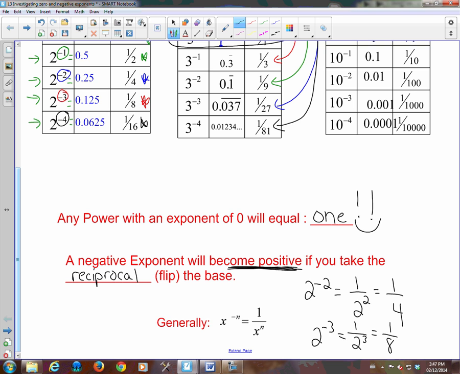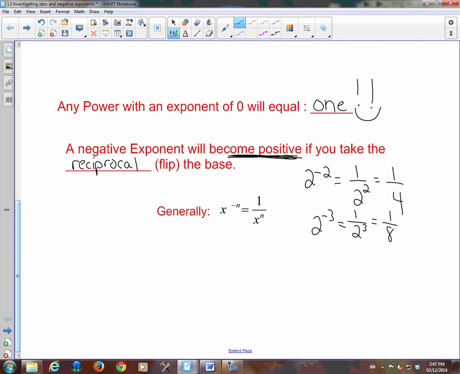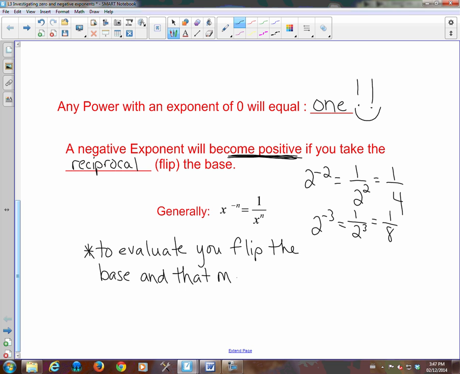So the general rule is when you have a negative exponent, to evaluate, to get an answer, you flip the base, and that makes the exponent positive. And once the exponent is positive, you can evaluate.